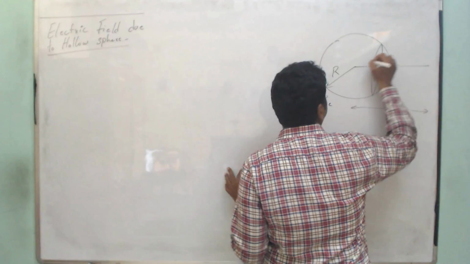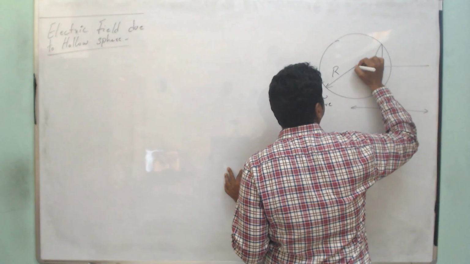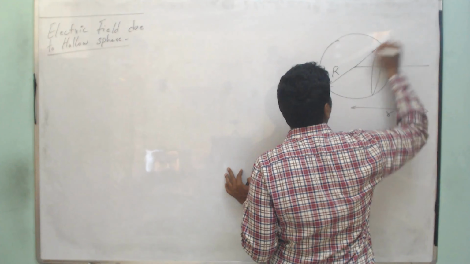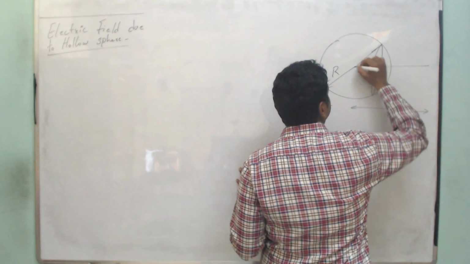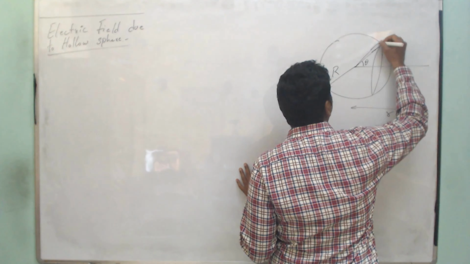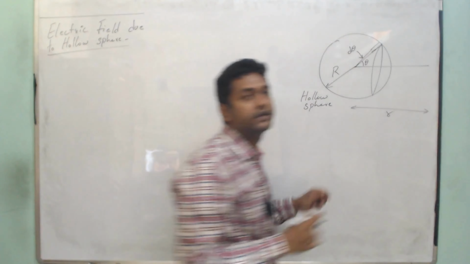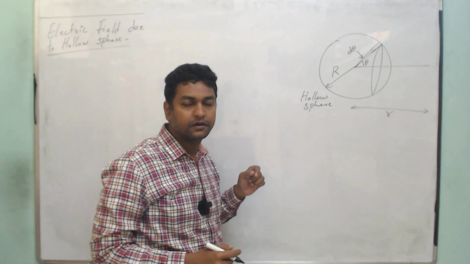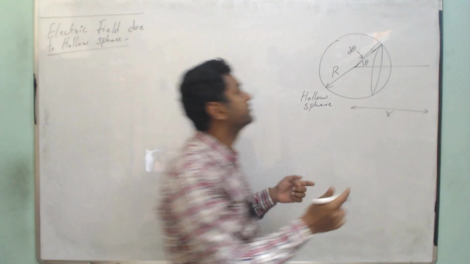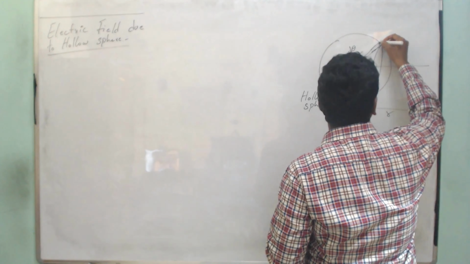So let, at an angle theta, we take a small element subtending an angle d theta at the center, and the geometry of it is basically going to look like a ring.